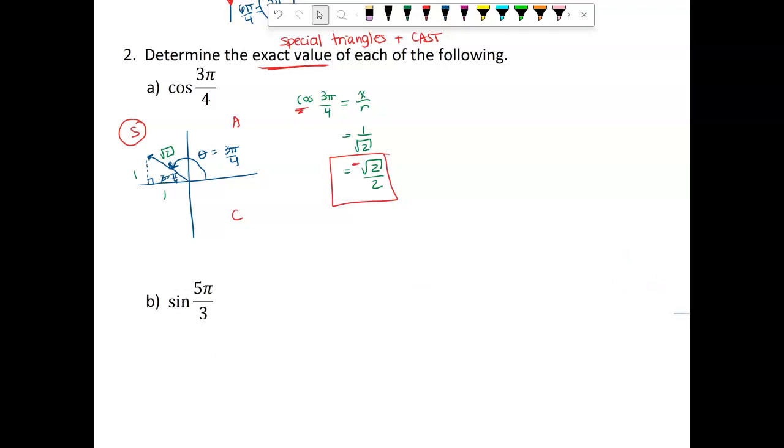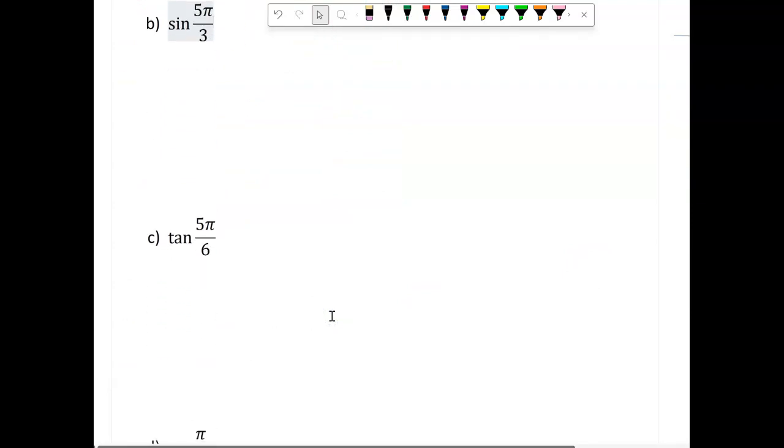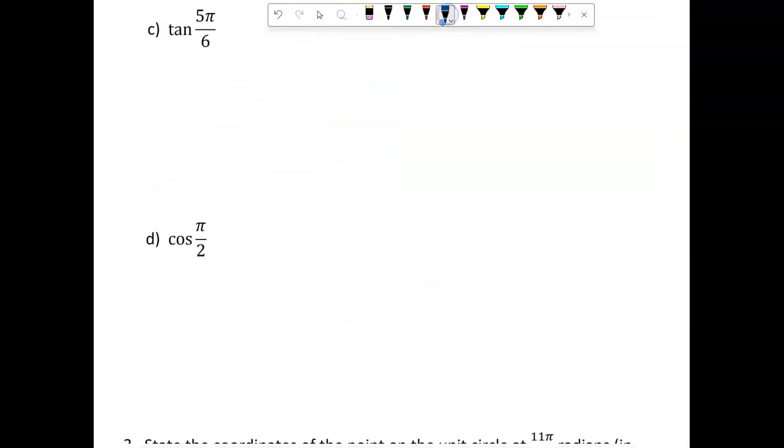I just want to do one more example just to make sure we understand it before we move on. Here, we're going to go down to cos of pi over 2. Well, pi over 2, if you recall in the diagram, is just above here. It is our 90-degree angle. So our theta is represented by there, and our terminal arm is right on the axis. It's a boundary angle, do you remember?